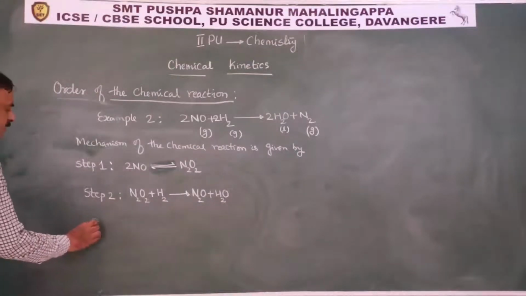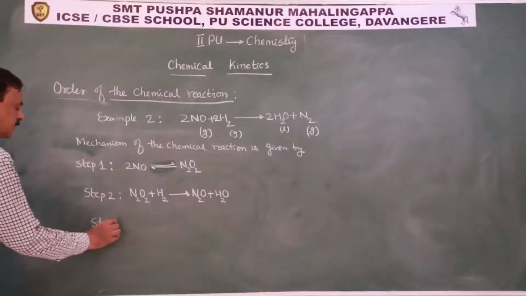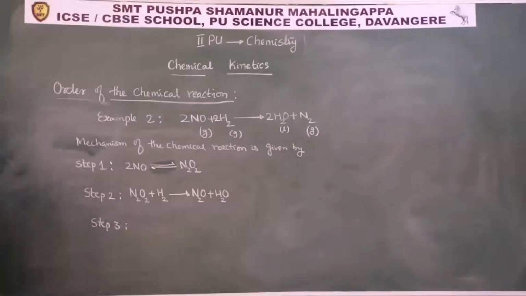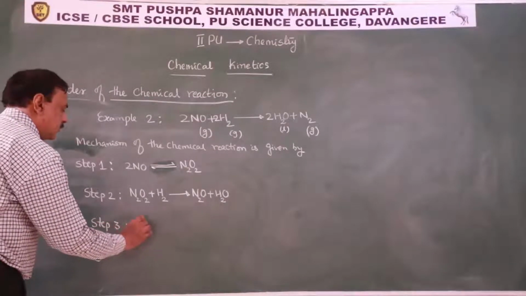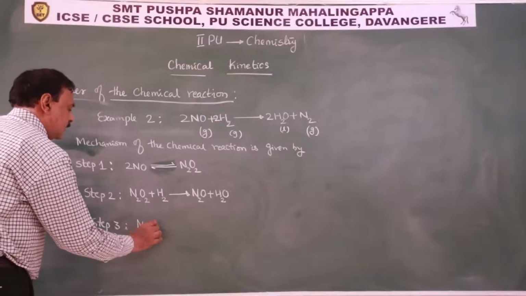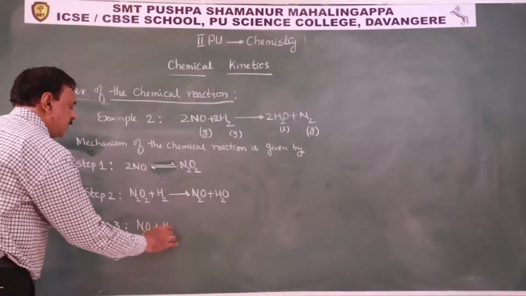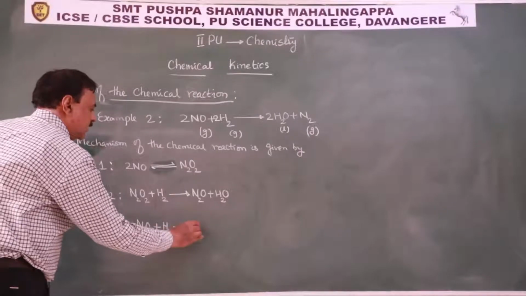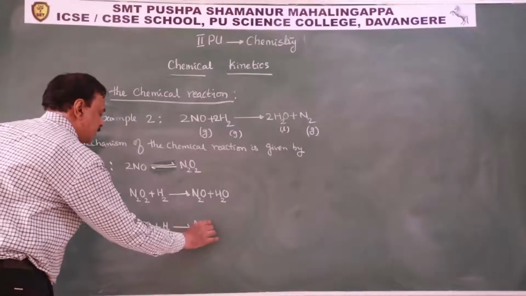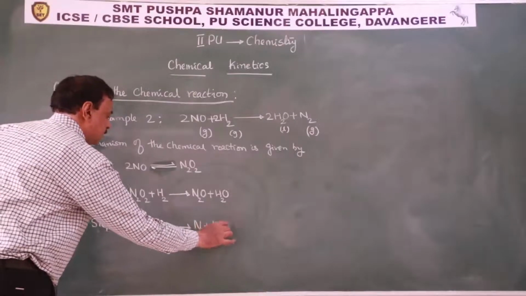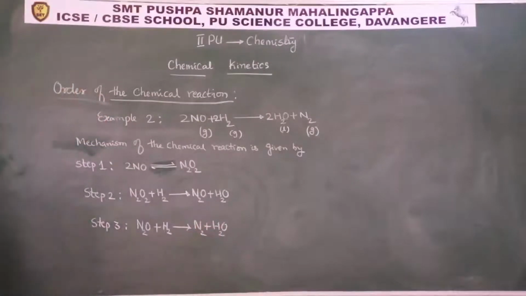In step number 3, N2O2 is an intermediate and N2O is also an intermediate. N2O plus one molecule of H2 gives rise to N2 plus H2O. Now balance the chemical equation.